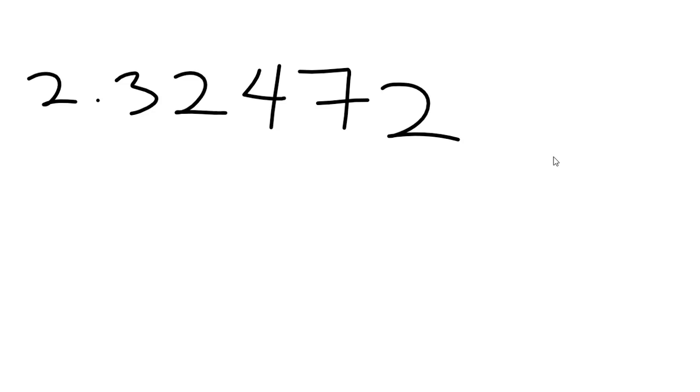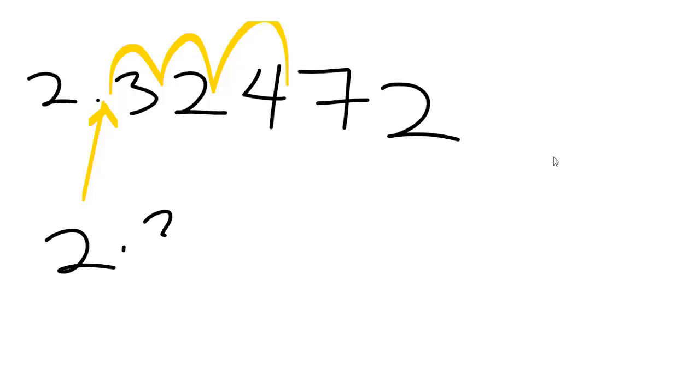Now, if you want to convert this number to 3 decimal places, you have to count 3 numbers right after the decimal point. So after the decimal point, we have 1, 2, and 3: the numbers 3, 2, and 4.